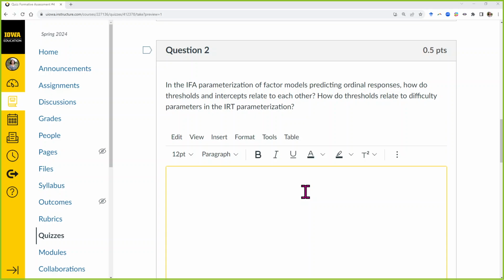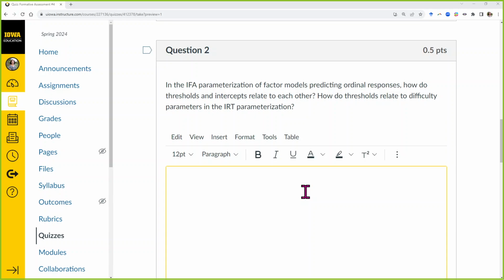Intercepts, you can multiply thresholds times -1 to get the intercept, which is the expected probability in logit or probit of responding 1 instead of 0. So all of your comments are correct in that sense.